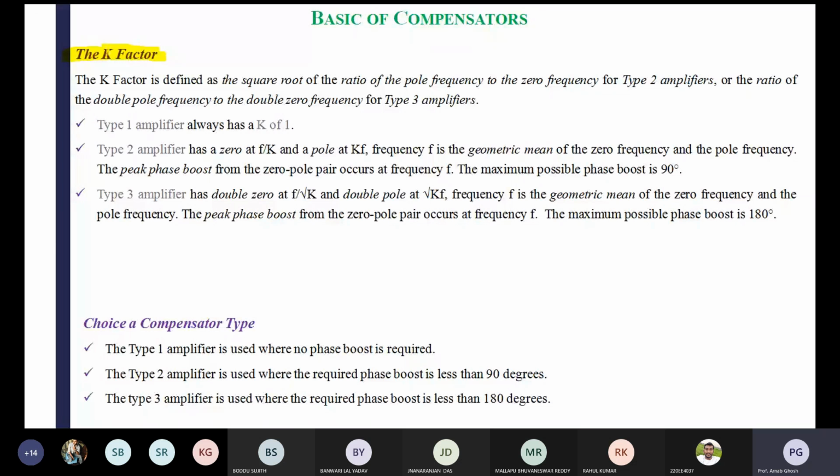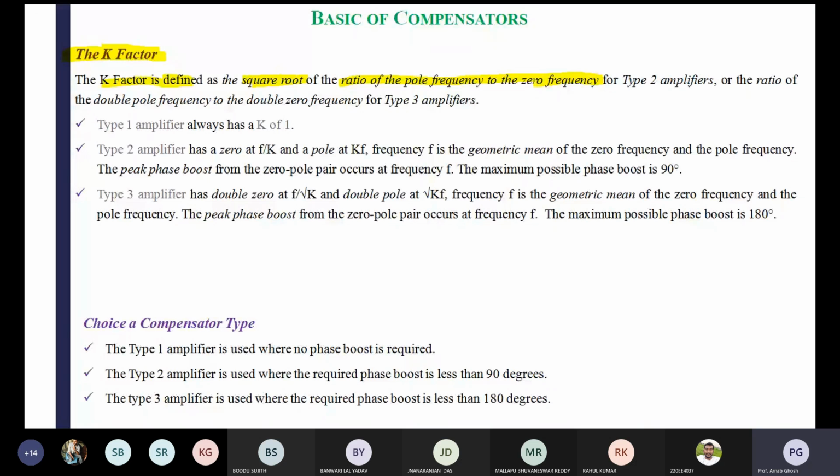First you should know the definition of the K factor. The K factor is defined as the square root of the ratio of the pole frequency to the zero frequency. In my last class we considered that: root under pole frequency by zero frequency.